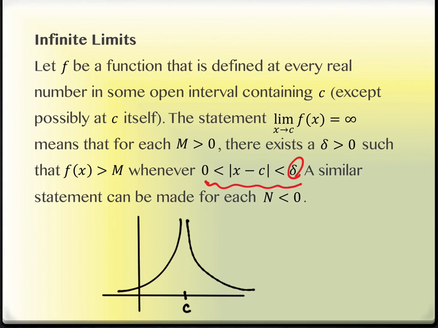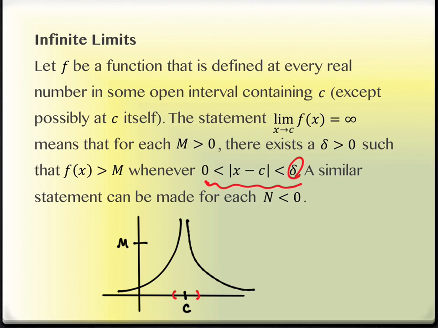And in particular, the description of the delta is talking about values that are really close to c. And they're saying if I get really, really close to c, I'm going to exceed whatever the maximum was that I said I was going to be at. So we'll call this M right here.